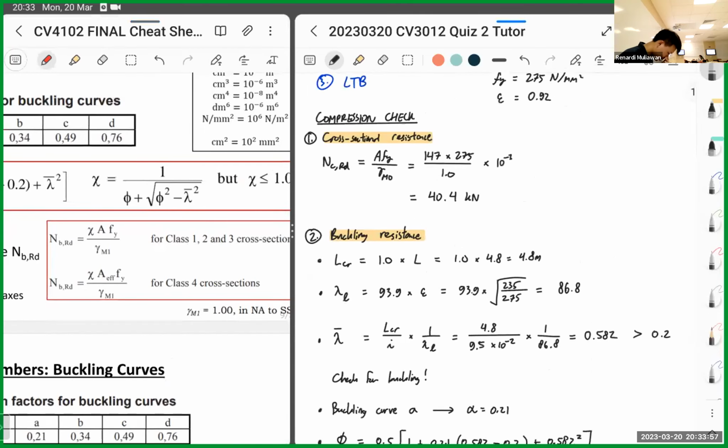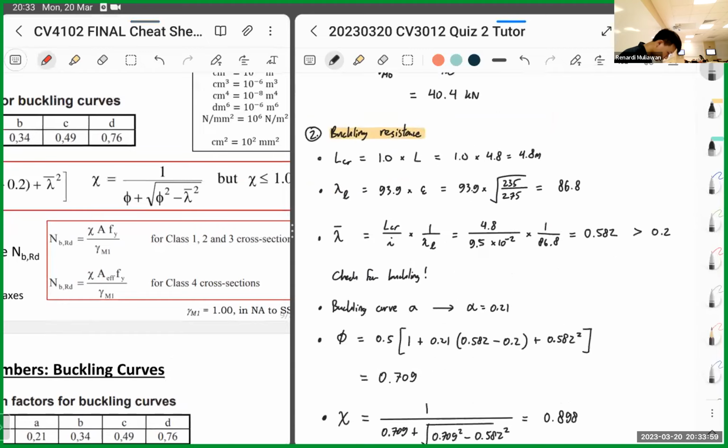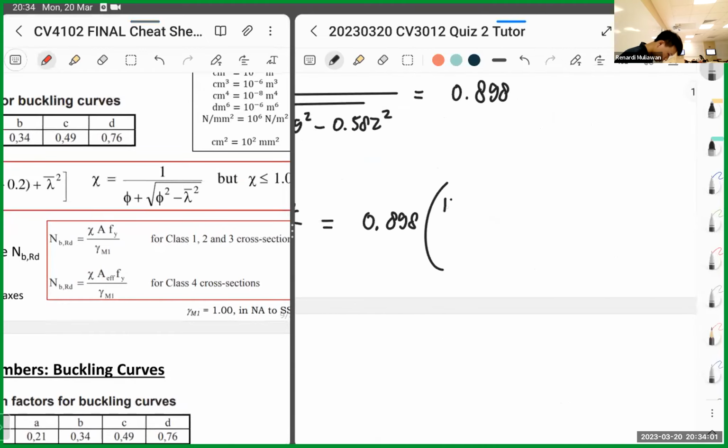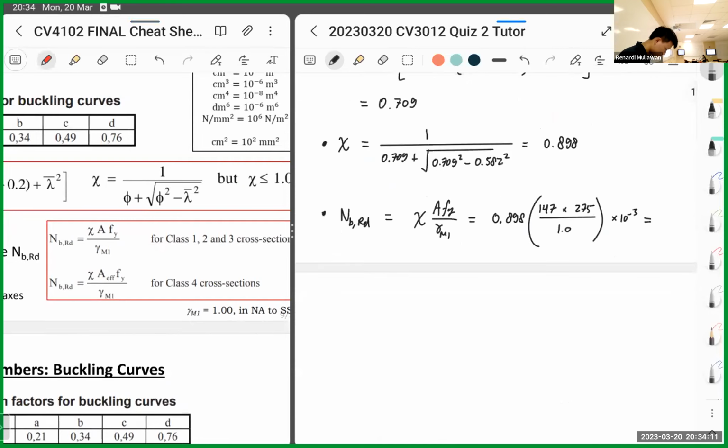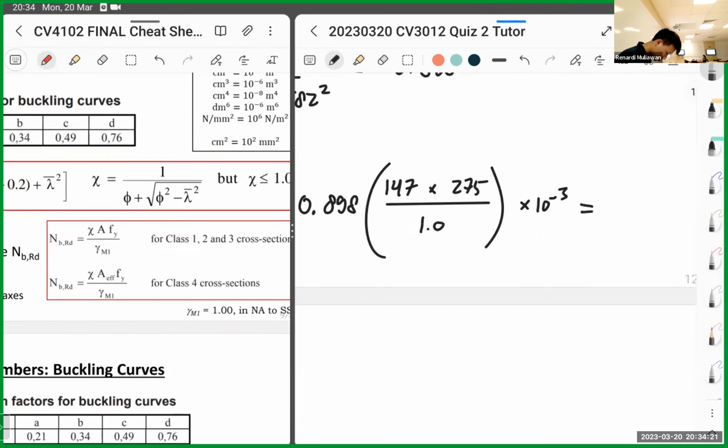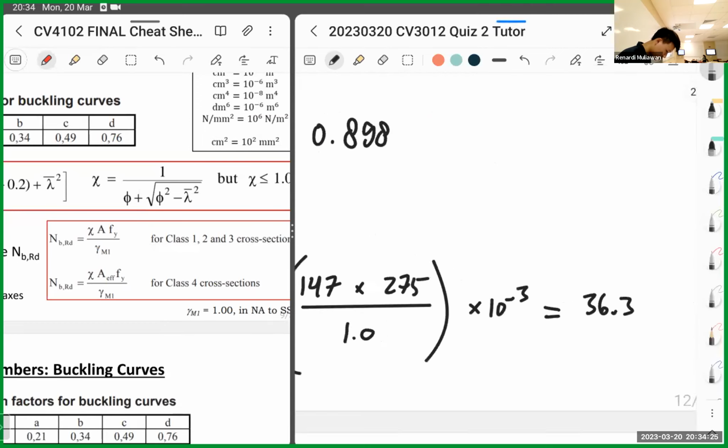Area just now is 147, Fy is 275, gamma M1 is 1. I multiply by 10 to the negative 3 to make it kilonewtons. So 0.898 times 147 times 275 is 36.3 kilonewtons actually.